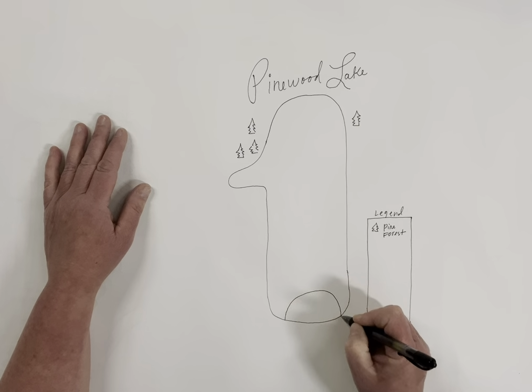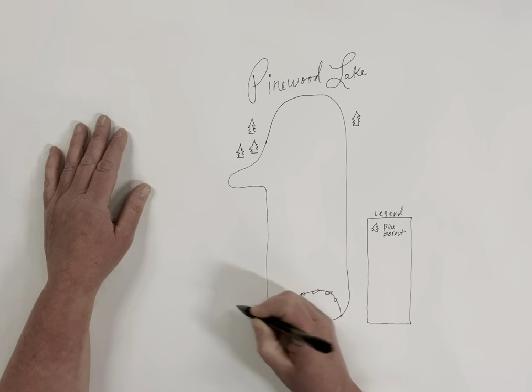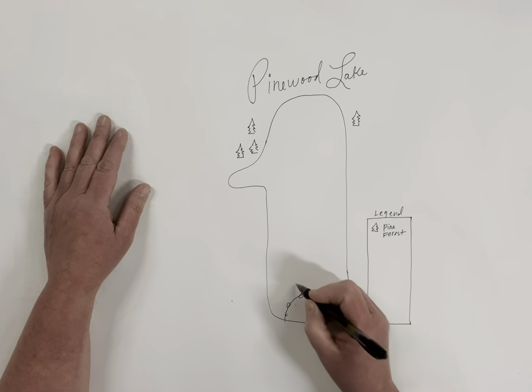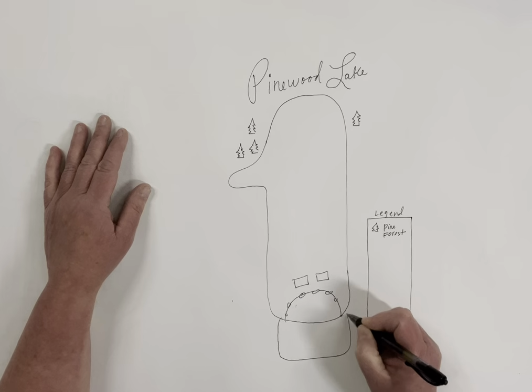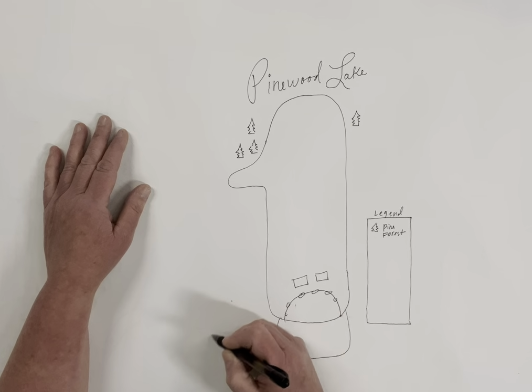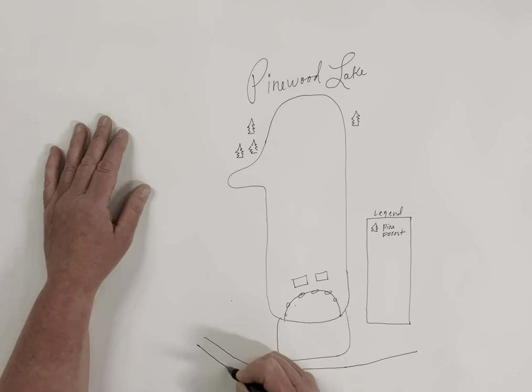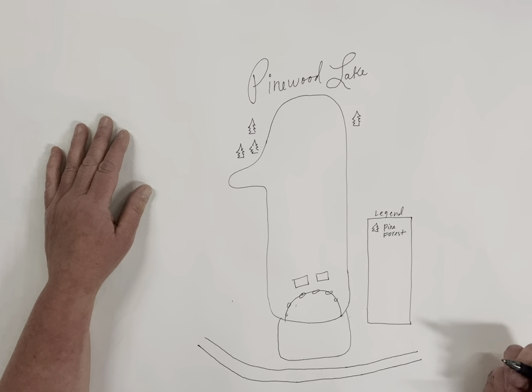There's a beach down here with the swimming area. Well, this wasn't the beach, this was the safe area to swim, and we had some rafts. And we had a beach. And then I'm going to draw the road. This is one of the roads. I'm doing this in black and white, but if I like this drawing, maybe I'll use color.